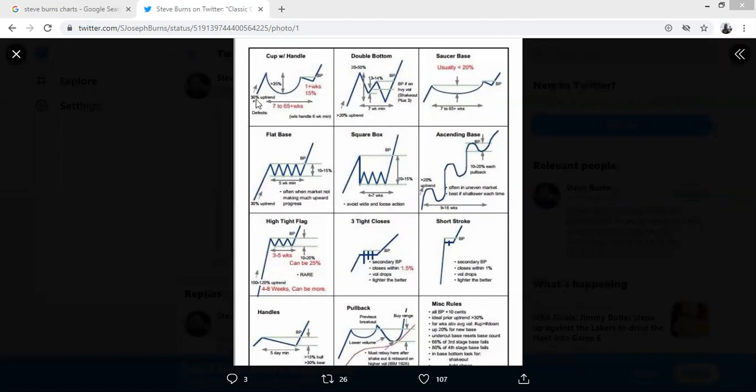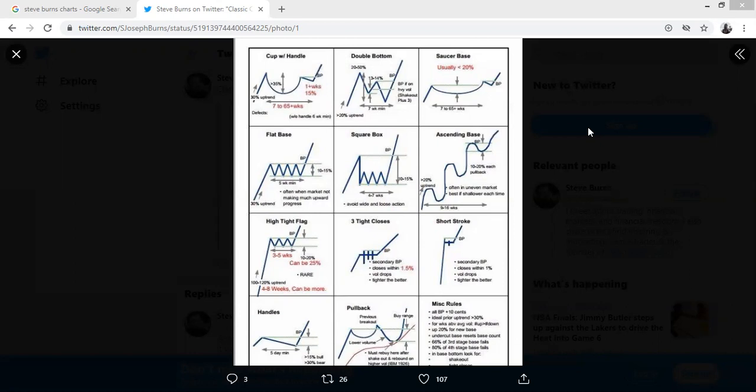Now in this illustration, you'll see how a stock runs up 30%, comes back down 35%, starts going back up, goes sideways to slightly down for at least 1 week, and then starts to come back up. Now this BP right here is what they call the buy point, and that's when you would get into the stock before it makes its move up.